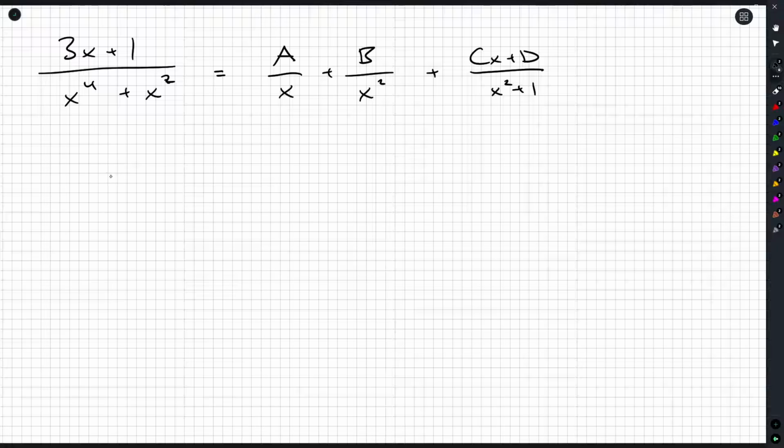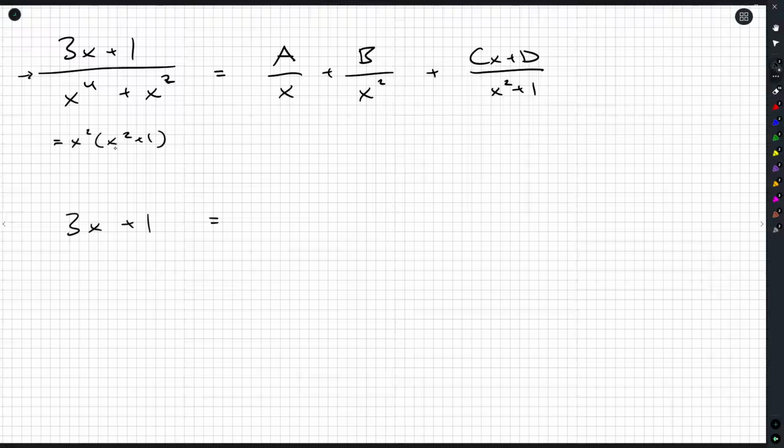What's the best way to do that? I usually find the first thing to do is get rid of the fractions, multiply both sides by x to the 4 plus x squared, which again, remember, factors as x squared times x squared plus 1. That's just going to get rid of the denominator on this side, leaving 3x plus 1.